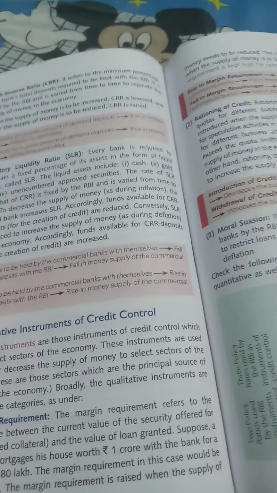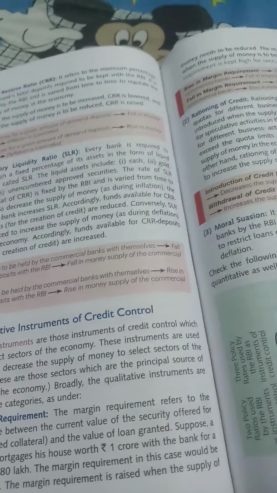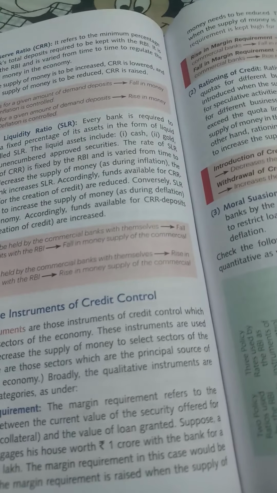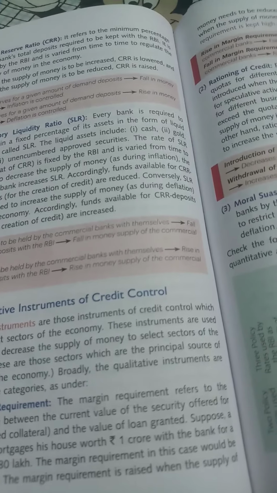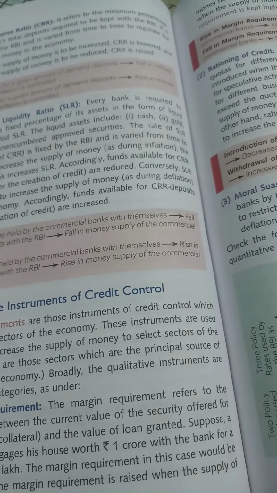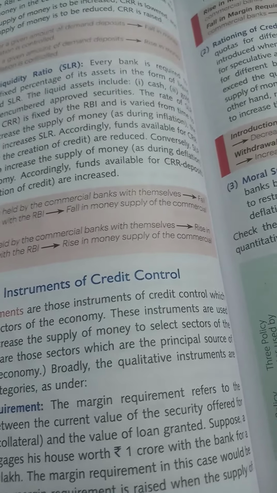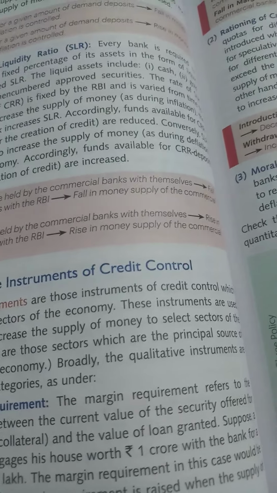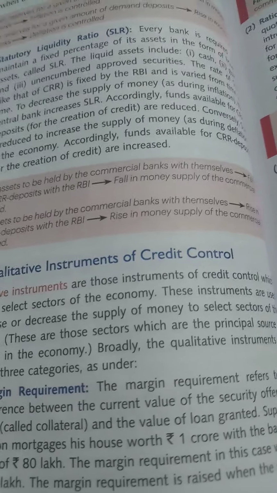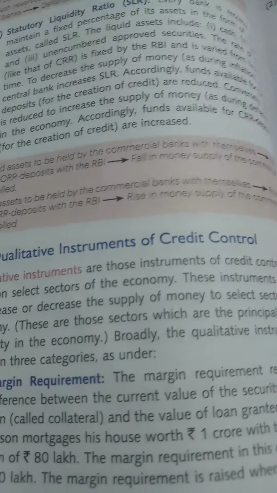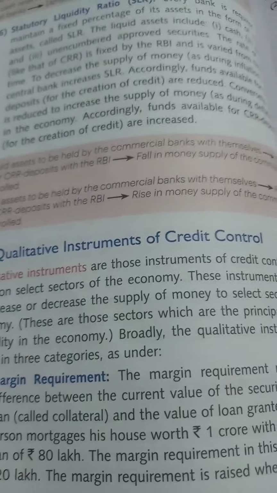On the other side, SLR is the fixed percentage of assets kept in the form of liquid assets, which include cash and gold.